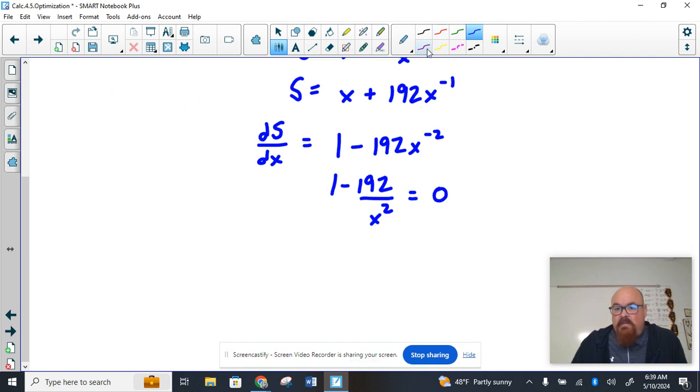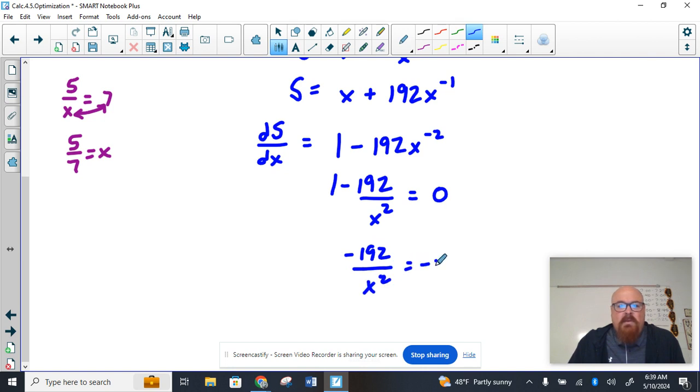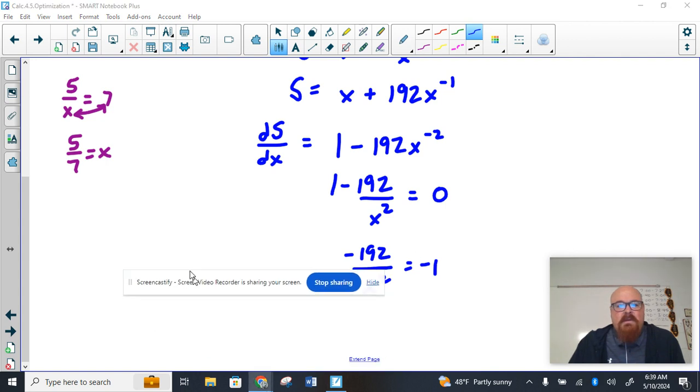There's this concept that we've talked about before where in the simplest form, if I ever have a variable that's on the bottom of a fraction, if I can isolate that variable in the denominator, I can just switch it with what's over here. Call that the switcheroo. Same thing applies even if it's squared. So the first thing I'm going to do is subtract 1 over to the other side. So I've got negative 192 over x squared equals negative 1.